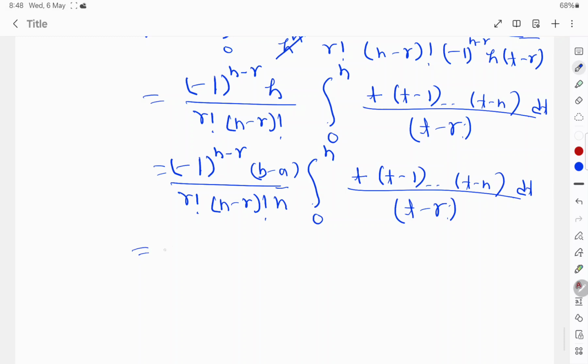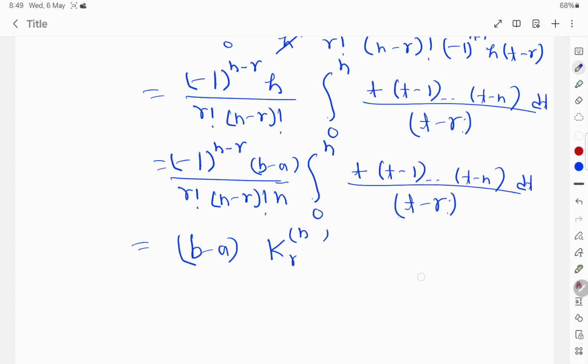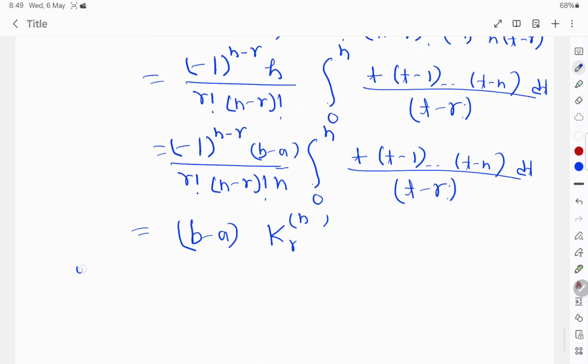So this thing I am writing as b minus a into k rn, where k rn will be what?